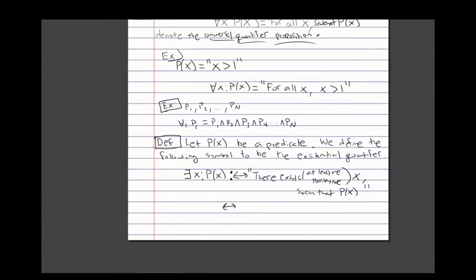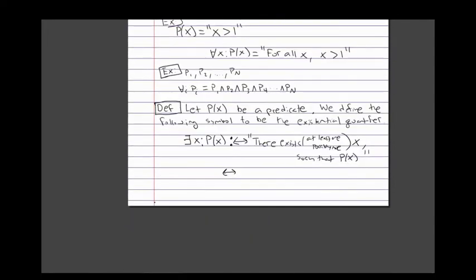If we go to the case of finitely many propositions, P1, P2, P3 to Pn, just like we did up here, then saying there exists i such that P of i is the same thing as saying P1 or P2 or P3 all the way to Pn. It's the OR statement between these n propositions that we started with.